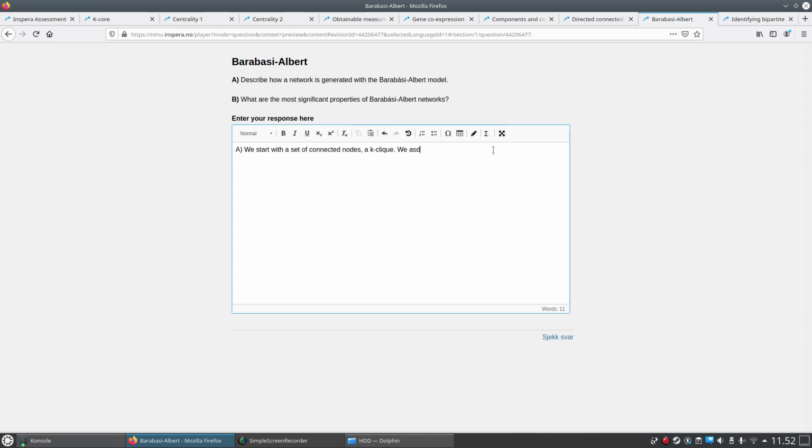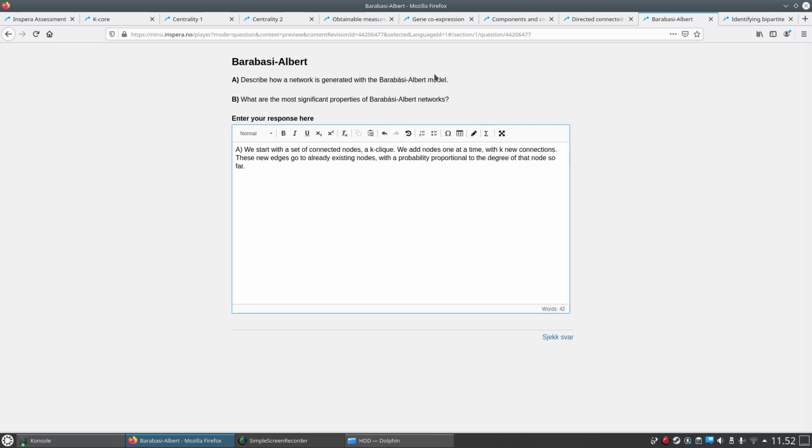And then we add nodes one at a time with k new connections. These new edges go to already existing nodes with a probability proportional to the degree of that node so far.